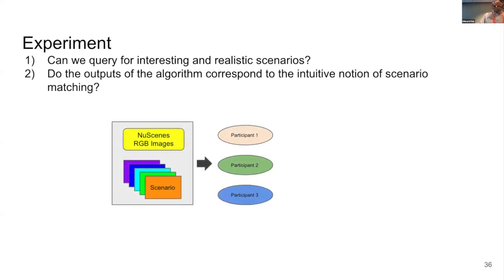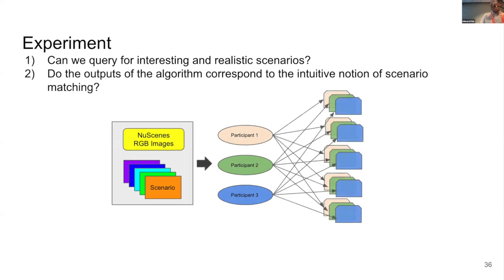So we recruited 3 participants, gave them 5 different scenarios with, in this case, nuScenes RGB images, and asked them to retrieve manually these matching images. And then we took an intersection of each subset to find the most accurate, given that humans can have some human errors.